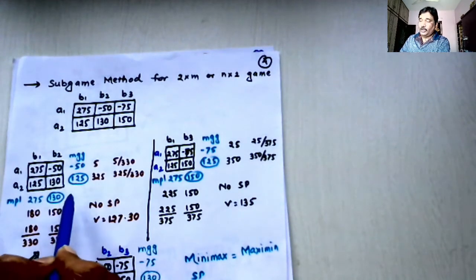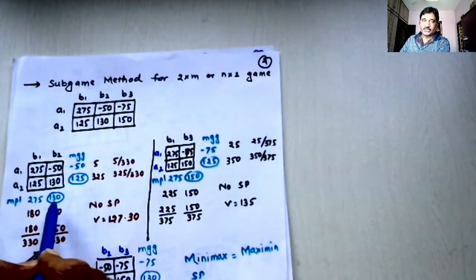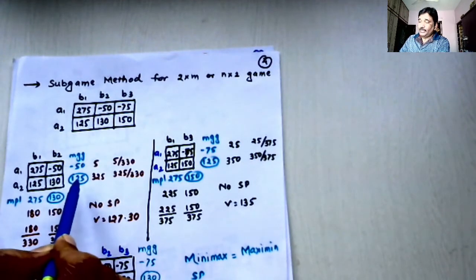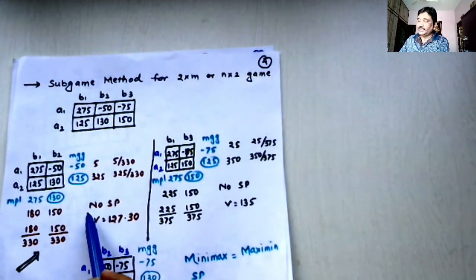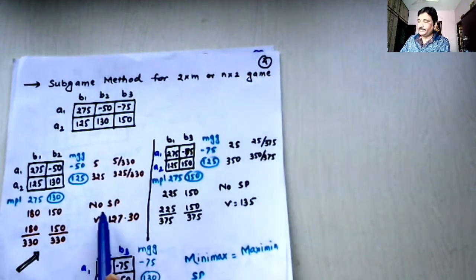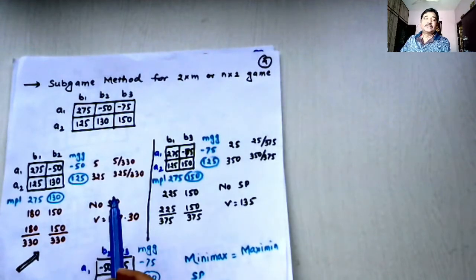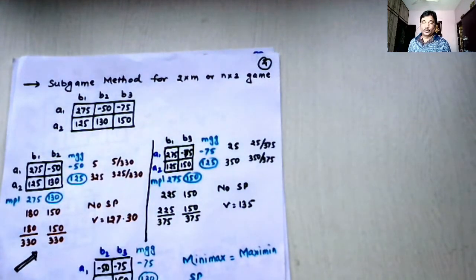So minimum of maximum possible loss is 130. Now, maximin is not equal to minimax, therefore the game doesn't have saddle point. And once the game doesn't have saddle point, you have to use arithmetic method.